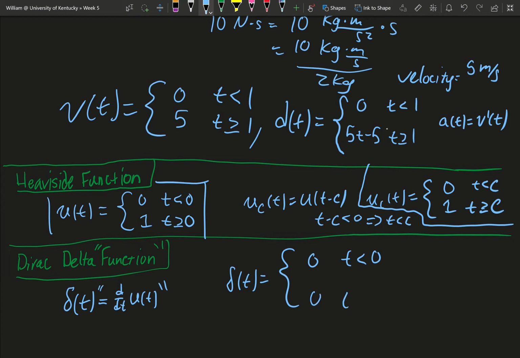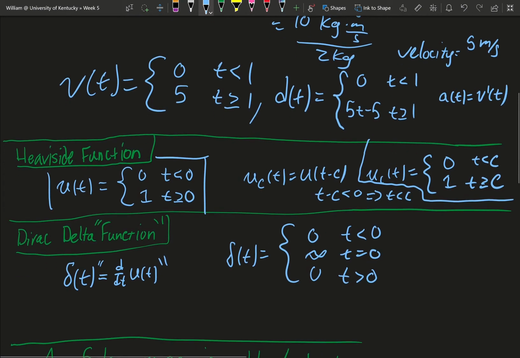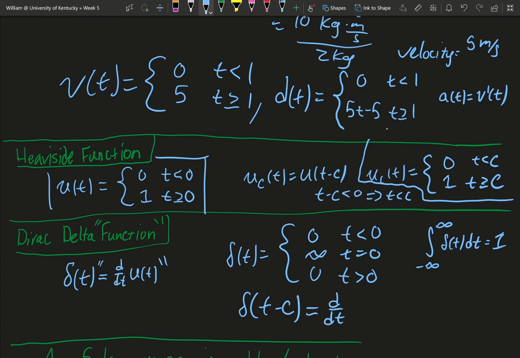It's also equal to 0 for t strictly greater than 0. And it's got to be infinity at t equals 0, so that the integral from negative infinity to infinity of delta of t dt equals 1. Note also, this says that delta of t minus c is the derivative of u subscript c.